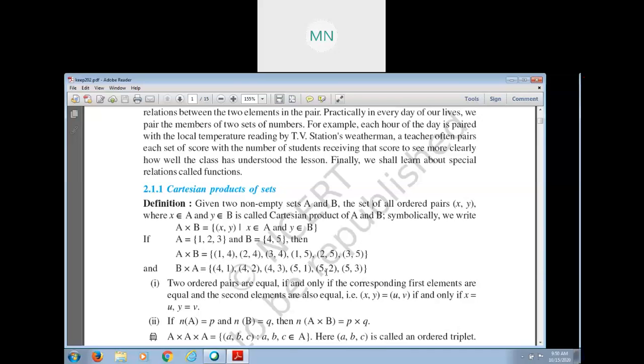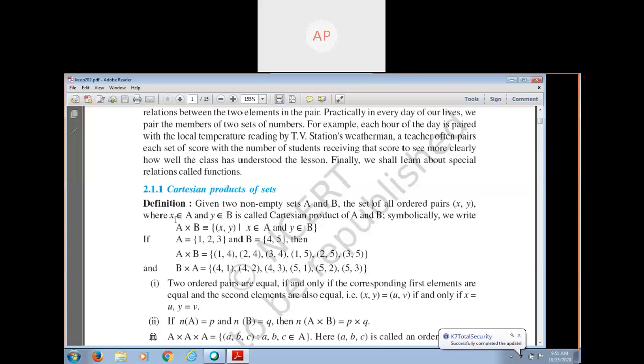Now see from this, A cross B and B cross A. Now tell me, is A cross B equals to B cross A? Suppose I write A cross B equals to B cross A. Is it true? No, ma'am.